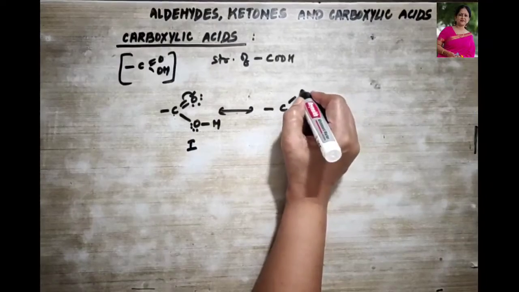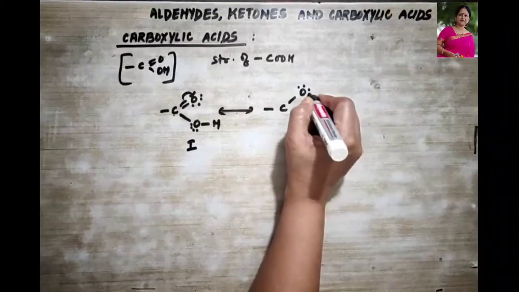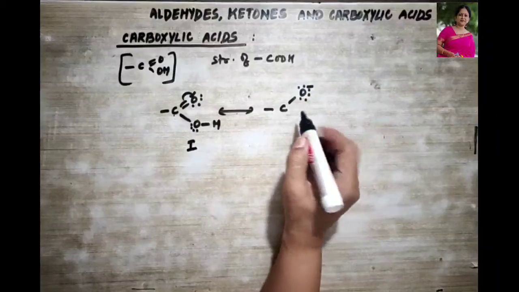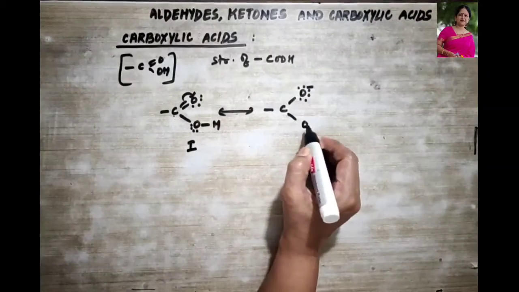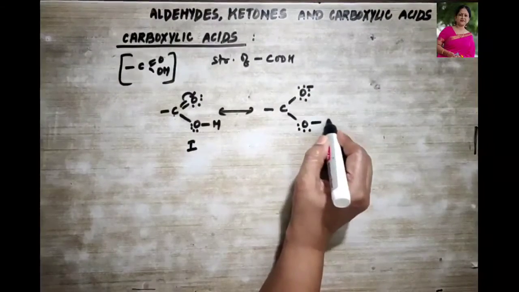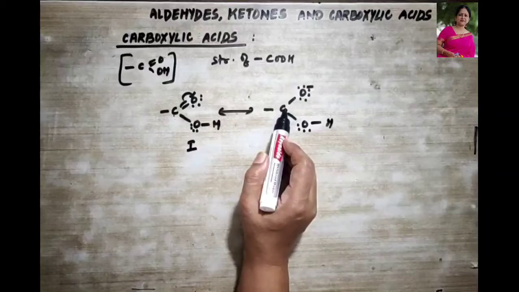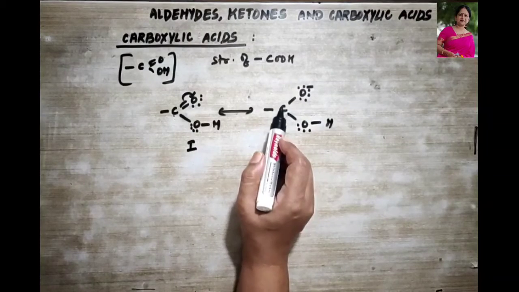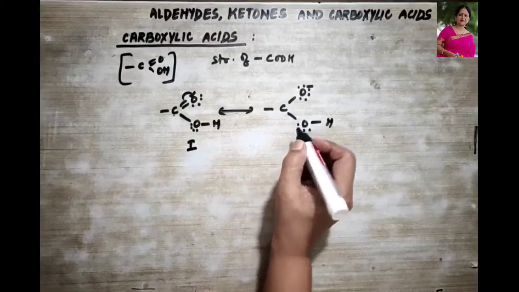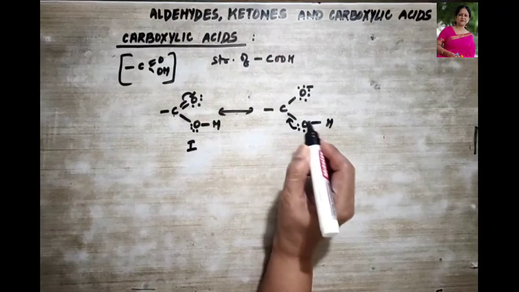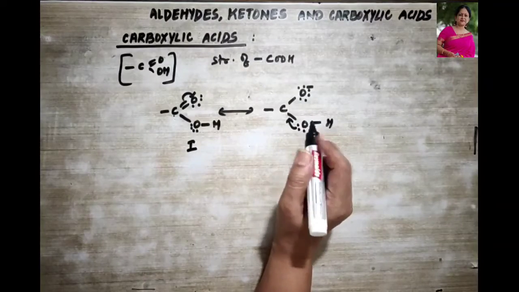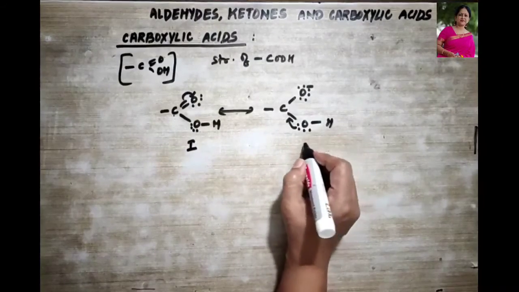This becomes electronegative, and as I said, this carbon becomes electron deficient. So to meet the electron deficiency on the carbon atom, it is going to pull one of the lone pairs towards itself. Thus it shows a minus I effect.